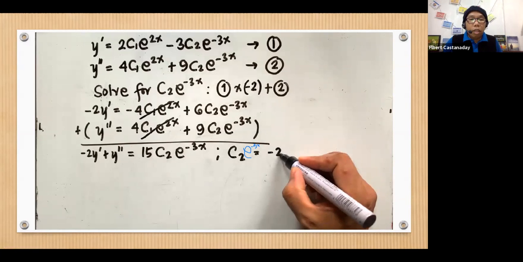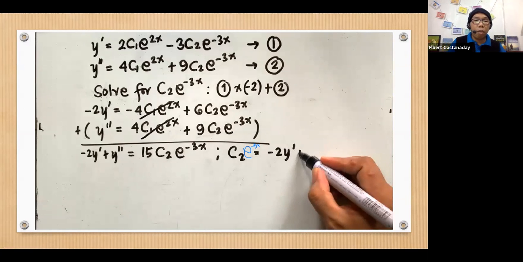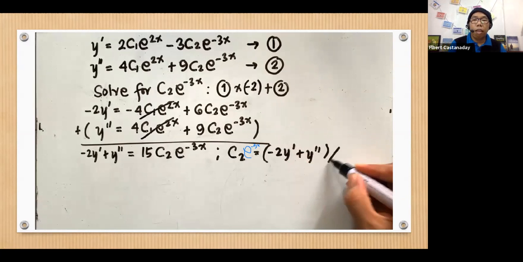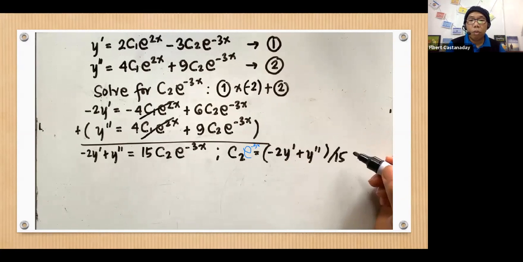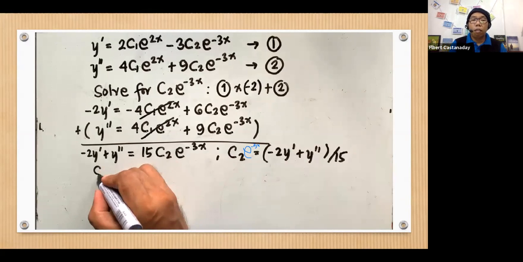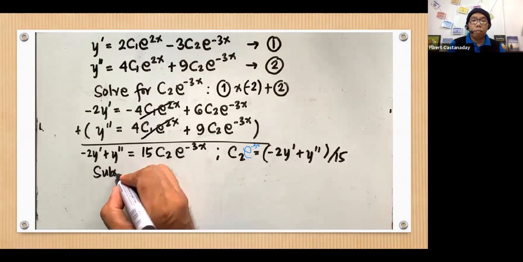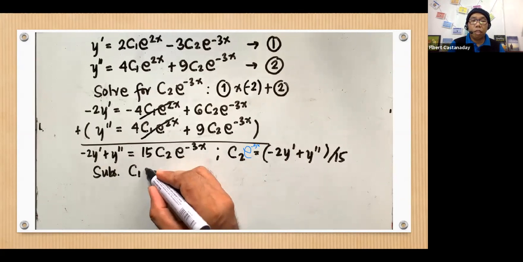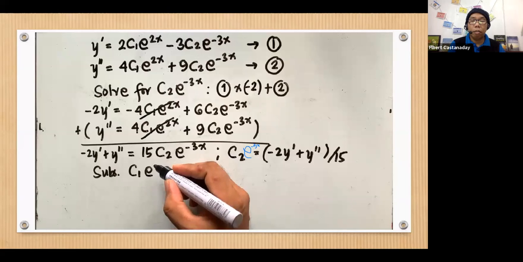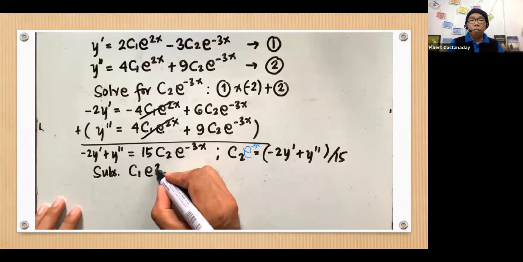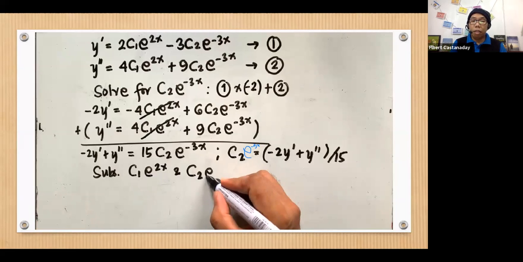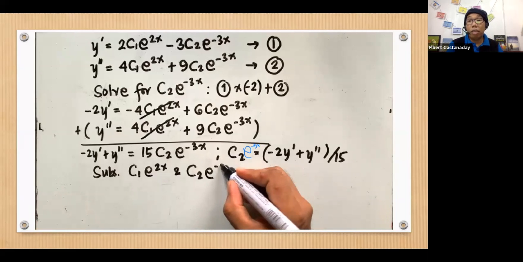Okay, so divide both sides by 15. So you have minus 2y prime plus y double prime all over 15. Now we have now c sub 2 e raised to minus 3x. Okay, and then we substitute the value of c sub 1 e raised to 2x and the value of c sub 2 e raised to minus 3x to our given equation.